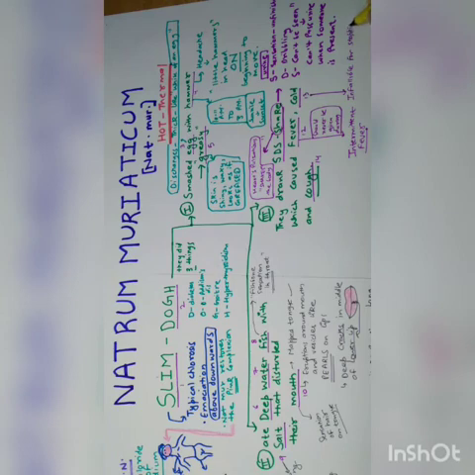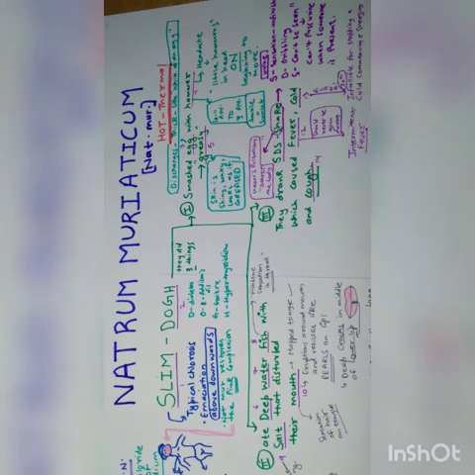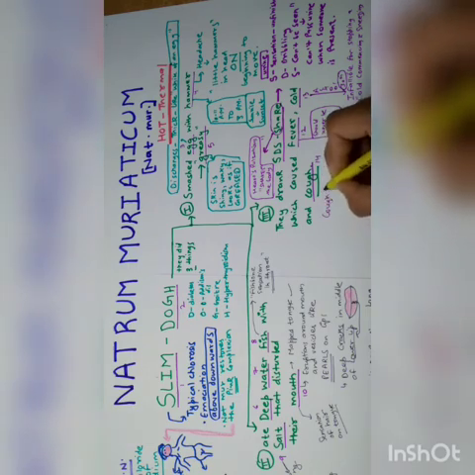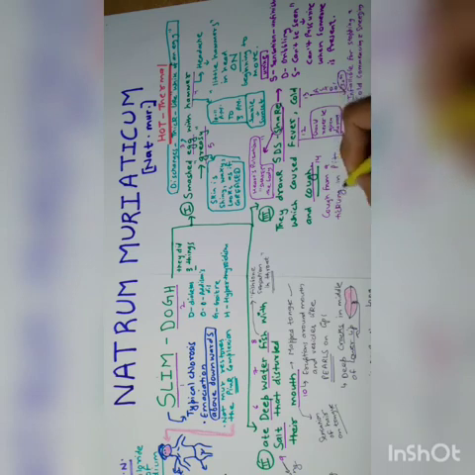Natrum Muriaticum is an infallible or very good remedy for stopping a cold commencing with sneezing. Achoo. For a cold commencing with sneezing, we can use 38 potency of Natrum Muriaticum.